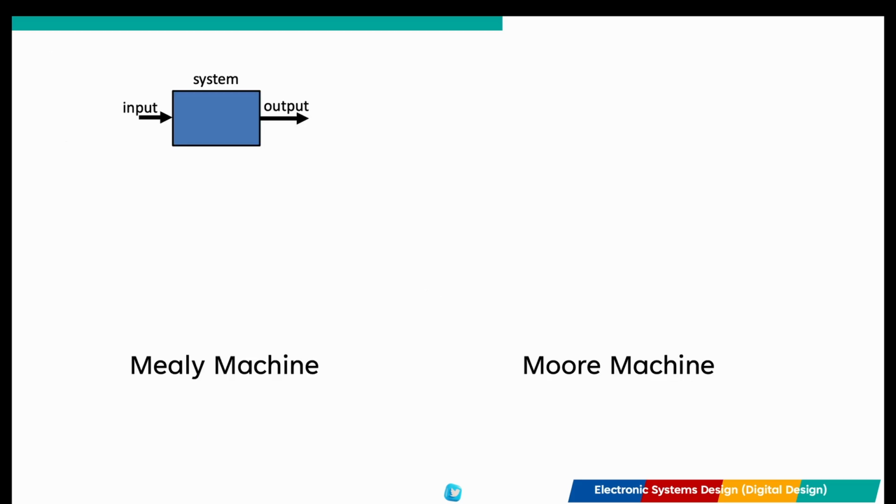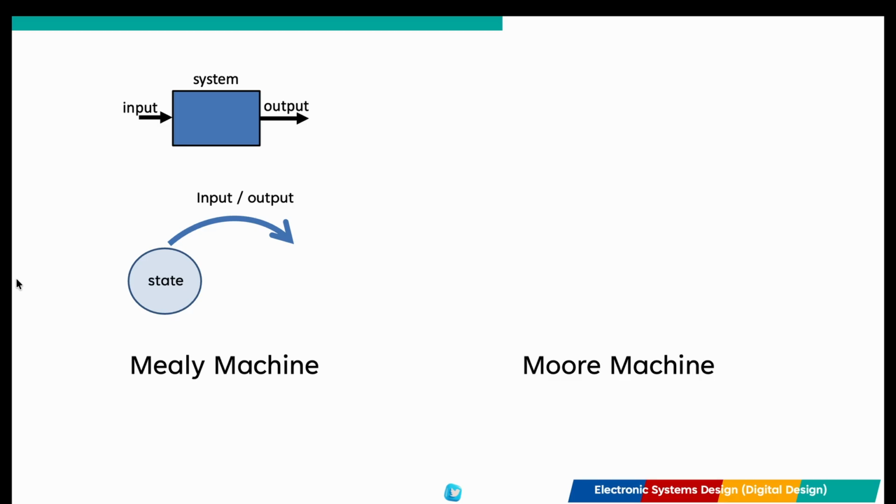An FSM tracks its progress using states. Think of these as milestones. As each bit comes in, the finite state machine decides whether to move forward towards the unlocked state or reset because of the wrong digit. There are 2 primary ways to design this: the Mealy machine and the Moore machine. In a Mealy machine, the output, our unlock signal, is determined by both the current state and the current input.